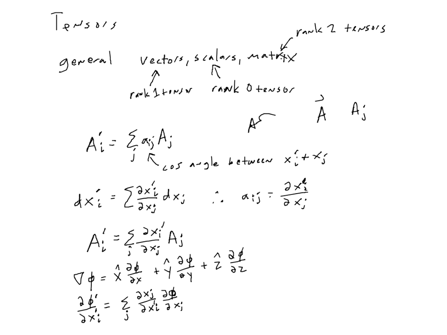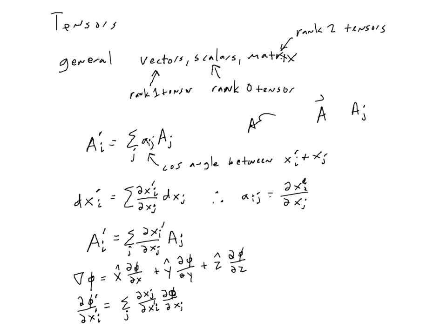In other words, I take my vector, which is essentially formed by taking the gradient of a scalar, and I use this transformation matrix in order to turn it into a new vector, right?